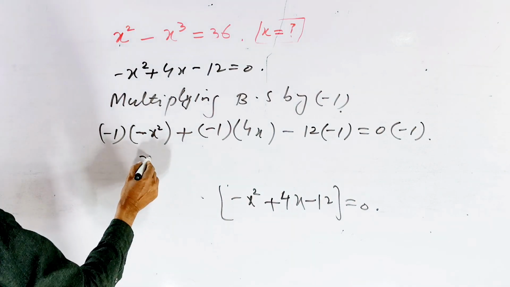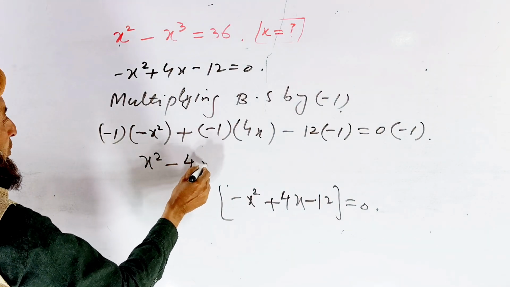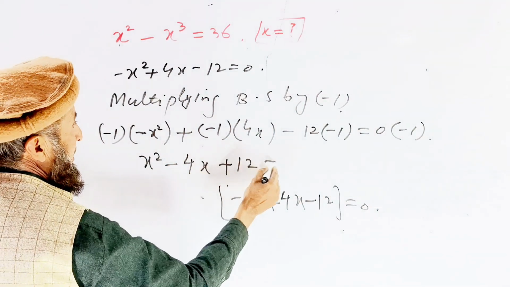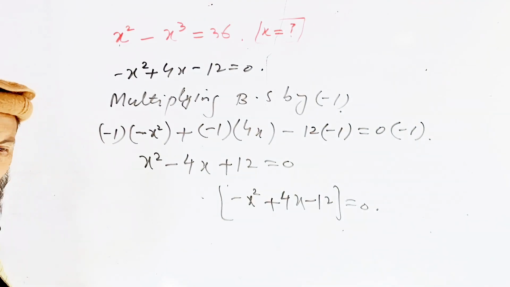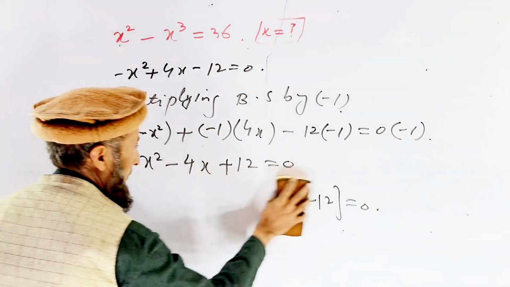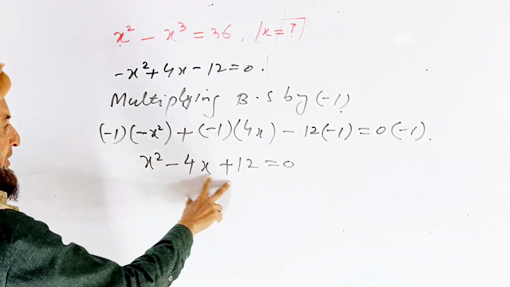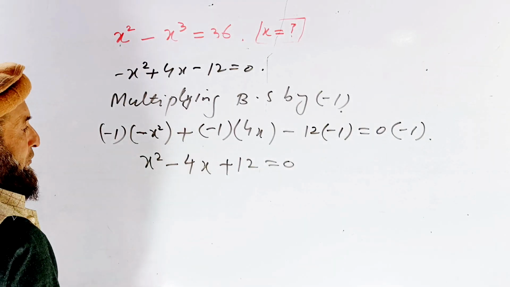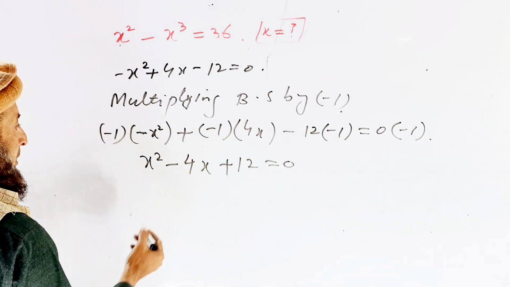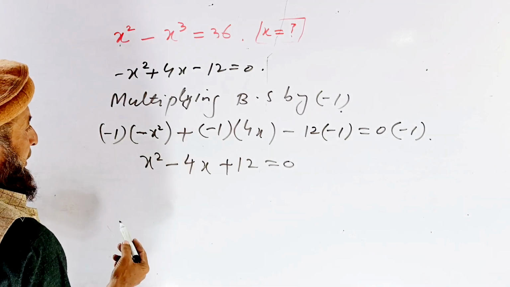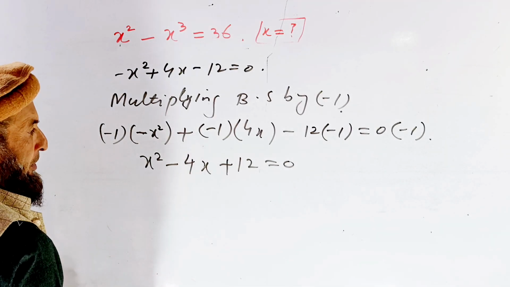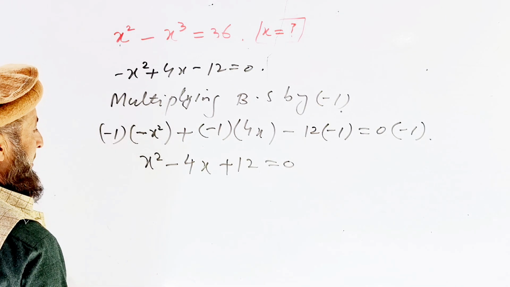So there will be positive x square minus 4x plus 12 is equal to 0. For this type of question, factorization is not possible here, so we make a complete square, or the completing square method you can also use here.